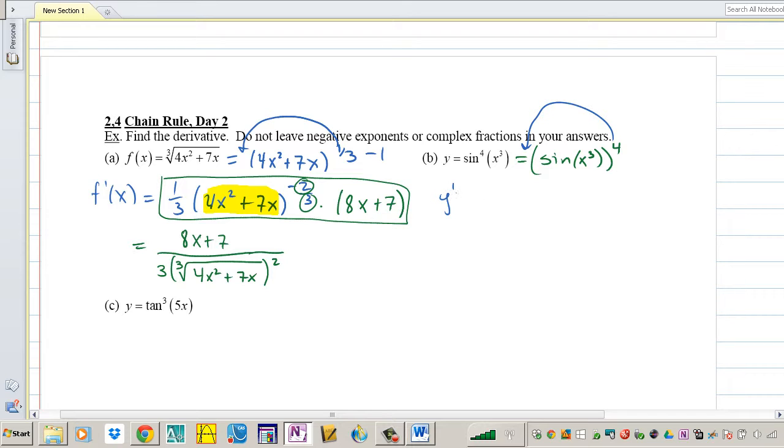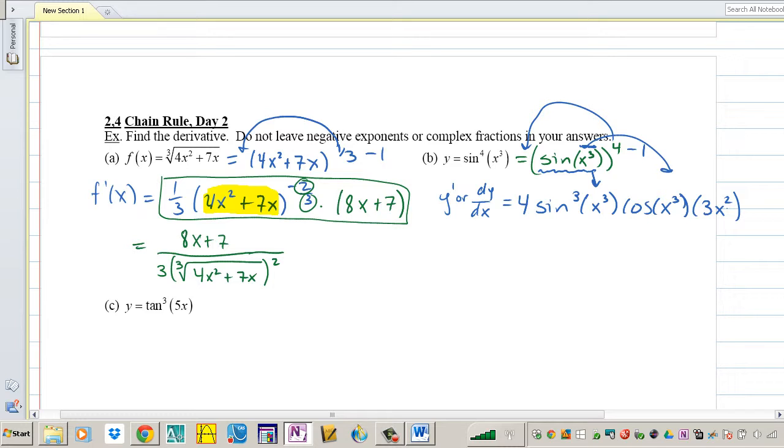So y prime or dy/dx is equal to 4 sine, take 1 away from 4 and that's going to be 3, keep the angle x cubed, and then take the derivative of the inside, which is going to be cosine x cubed, and then finally take the derivative of the angle, multiply it to the outside, which is 3x squared.